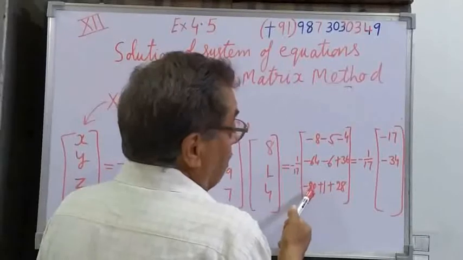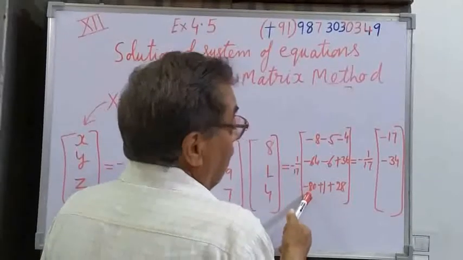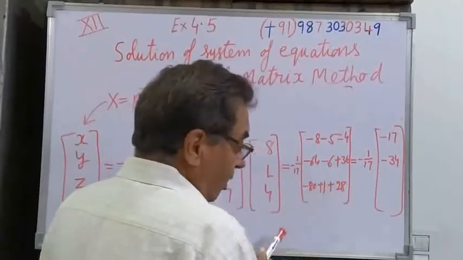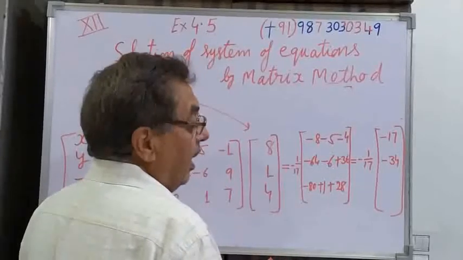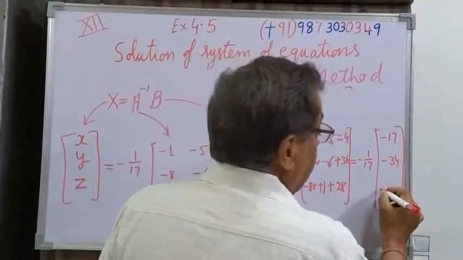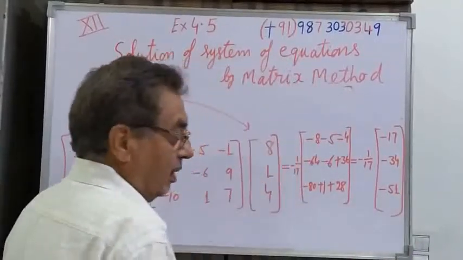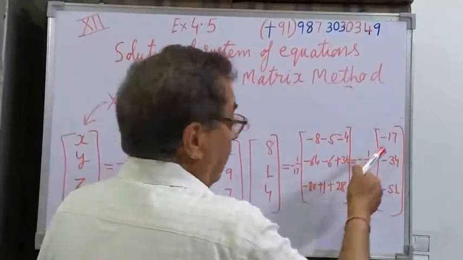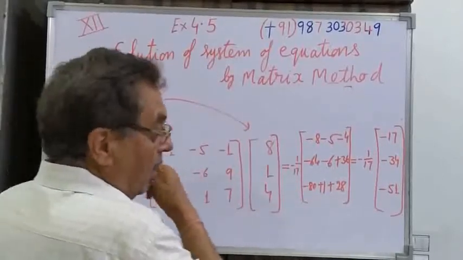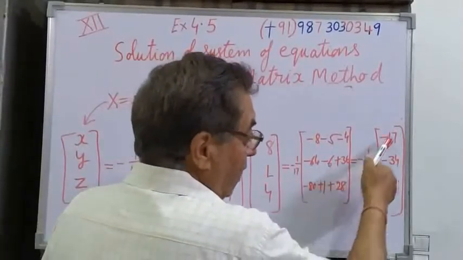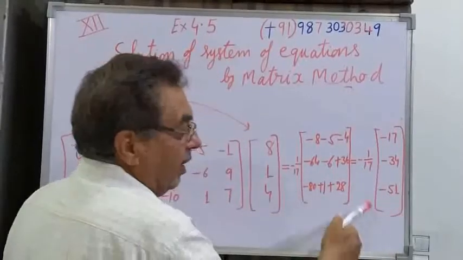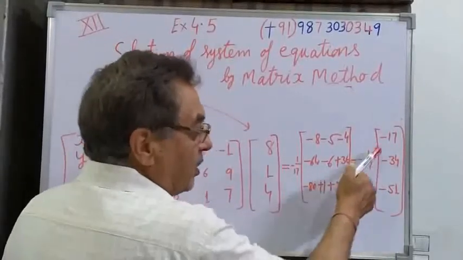Here we have got minus 80 and 29. What is minus 80 and 29? We get minus 51. Okay. So this is what you obtained from these two. Now minus 1 by 17, the matrix obtained has to be divided by minus 17.